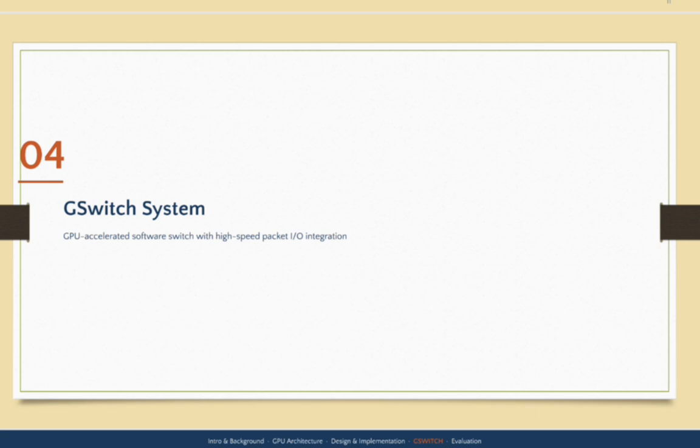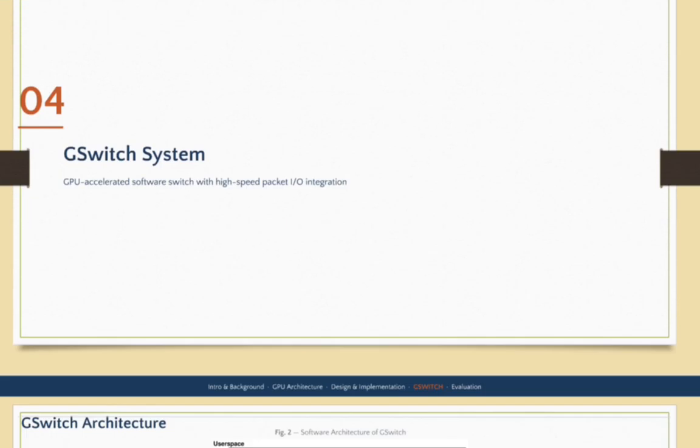It uses PF_RING for fast packet processing and CUDA streams for asynchronous GPU execution. The main goal is to overlap packet I/O with GPU processing, improving throughput and keeping both the CPU and GPU busy.